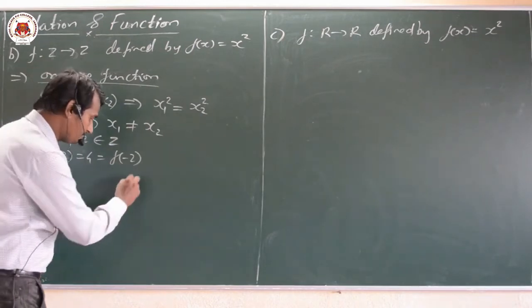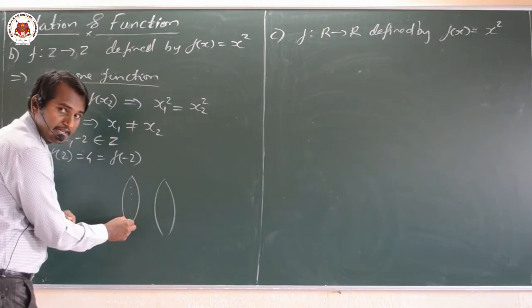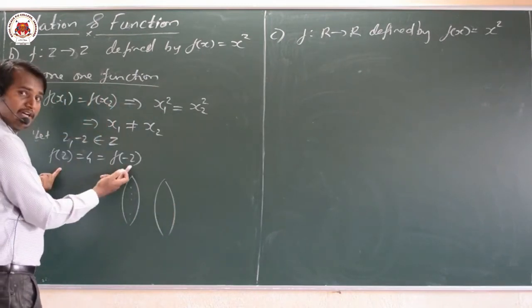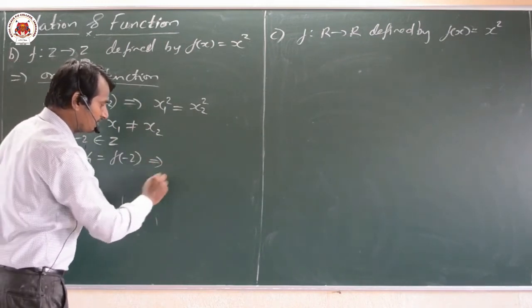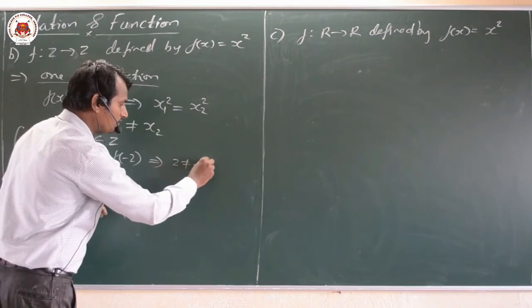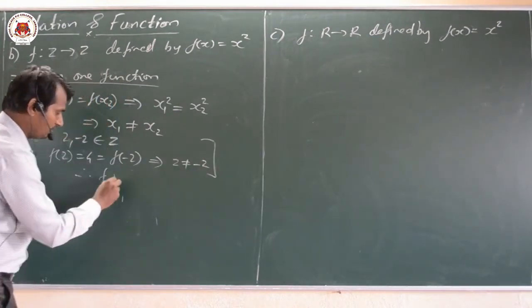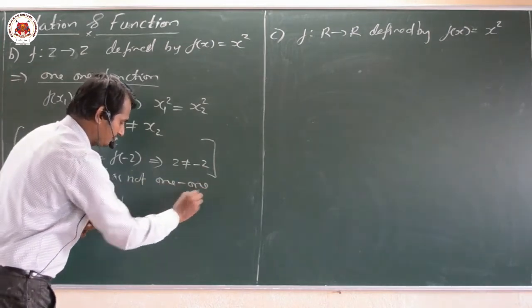Regarding 1-1, different elements of the set A should have different images. But we can observe that f of 2 and f of minus 2 are the same. Therefore 2 is not equal to minus 2, so f is not a 1-1 function.